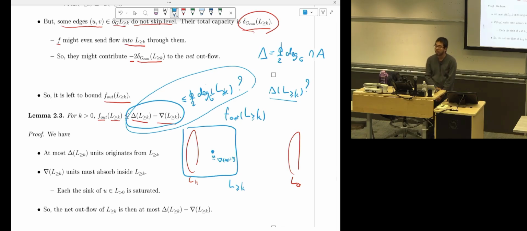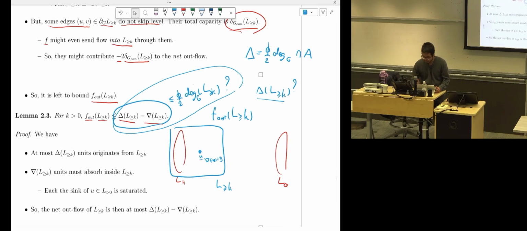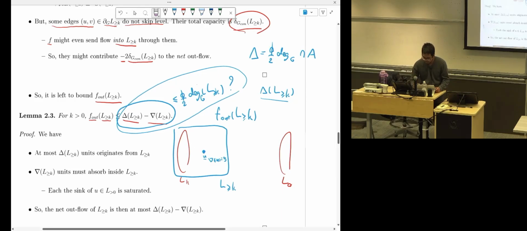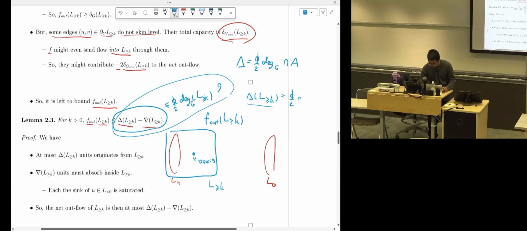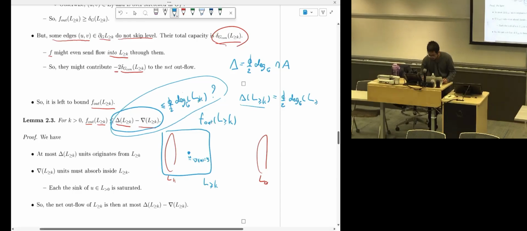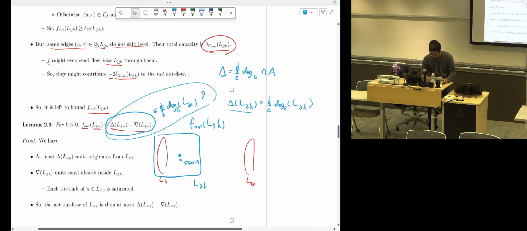Phi over 2 times the degree of G intersected with the nodes in L greater than or equal to K. It's not quite this; it's intersected with A. Yes, exactly.